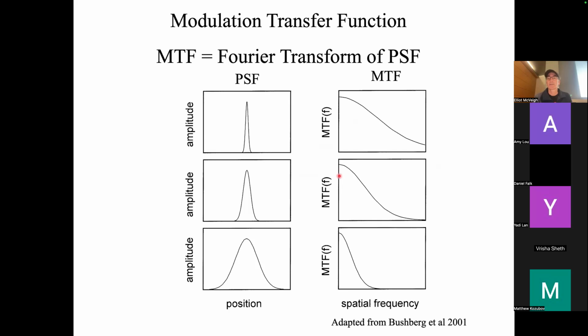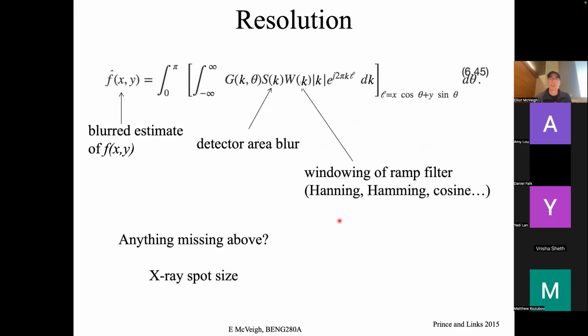The modulation transfer function, on the other hand, of the other features is going down like this. The total modulation transfer function that we see for a CT scan, like of noise or something like that, has 0 at the origin, right? Because whatever you do, you still have this term here.